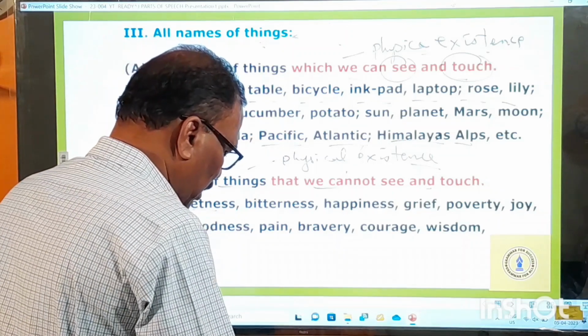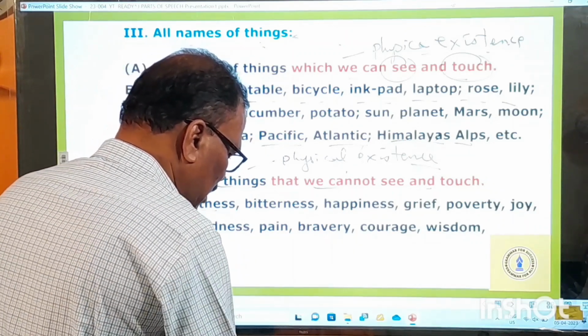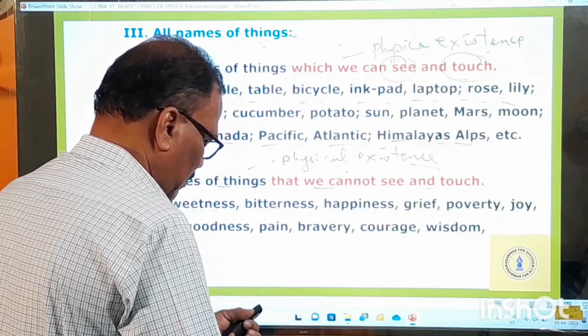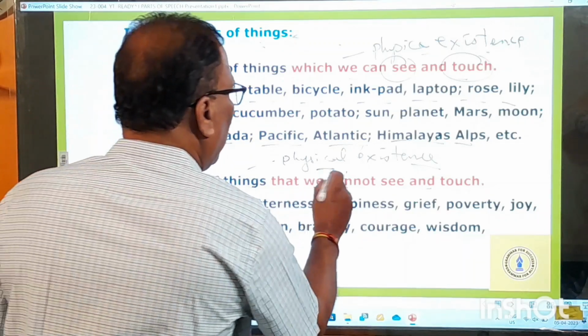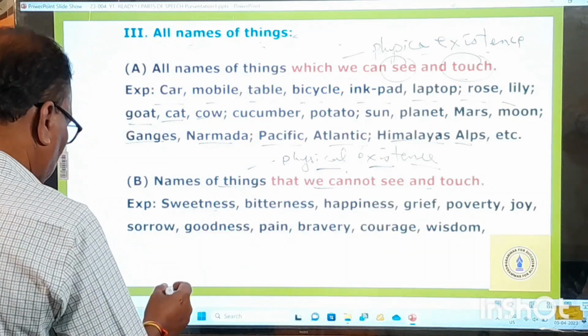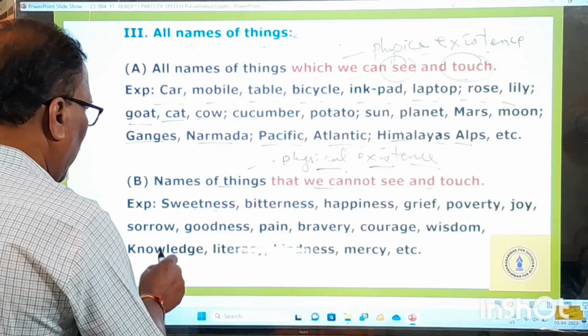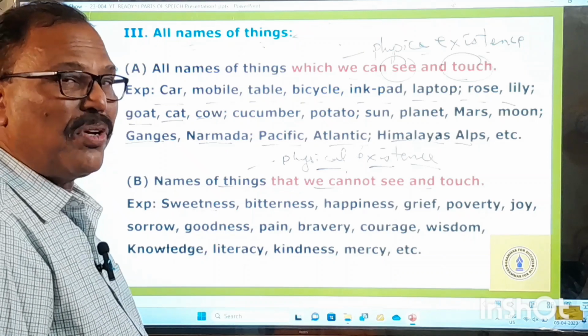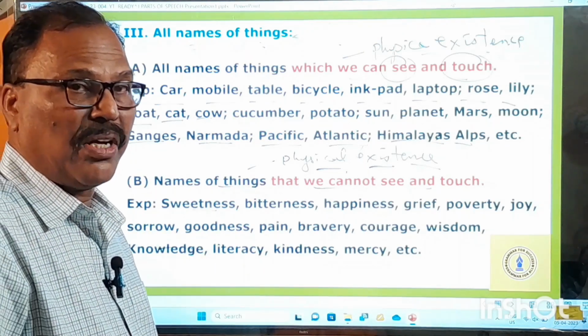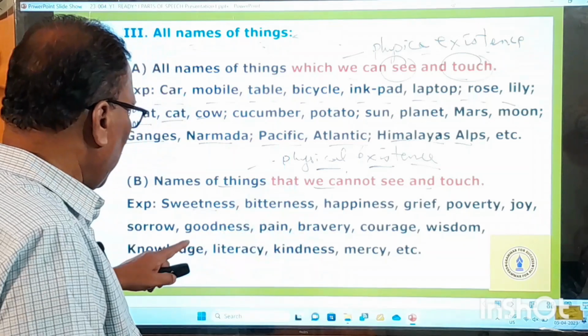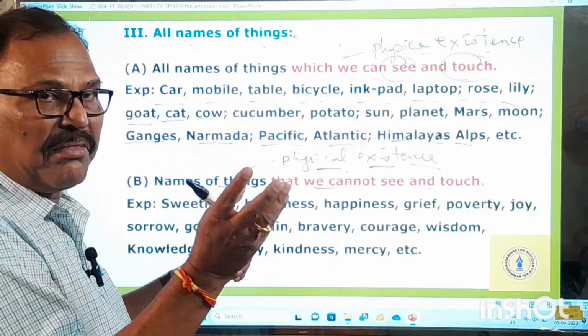Okay, they do not have physical existence. This is the main point you have to understand. And what else is there? Okay, knowledge. He has a lot of knowledge. You cannot find it in the shape of a visible thing.